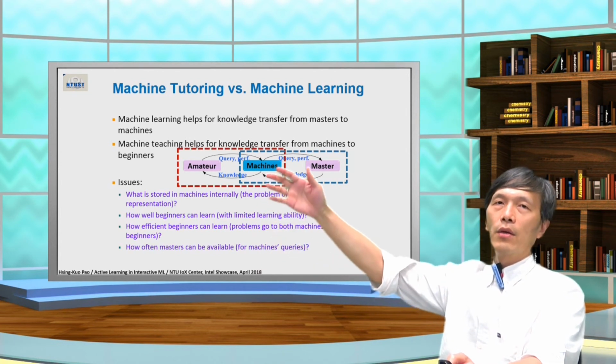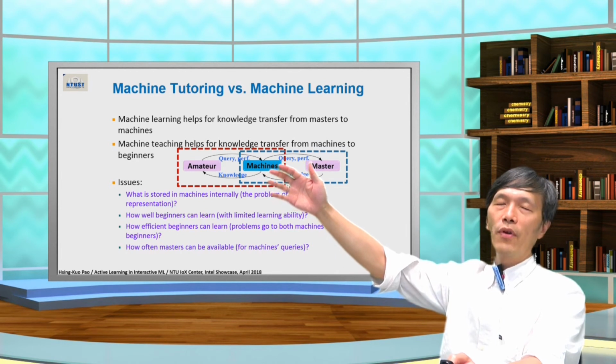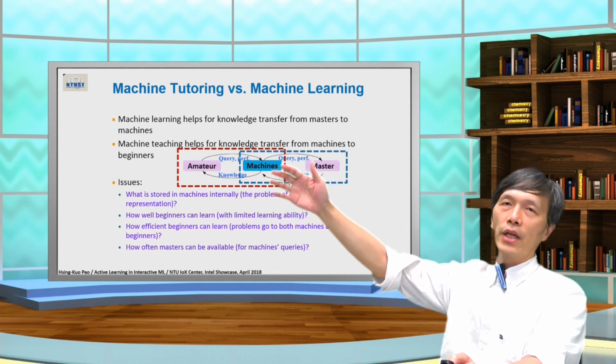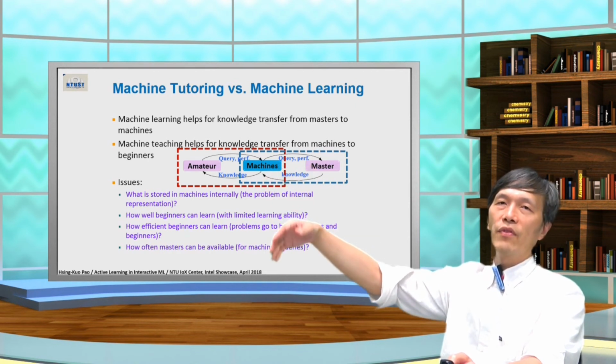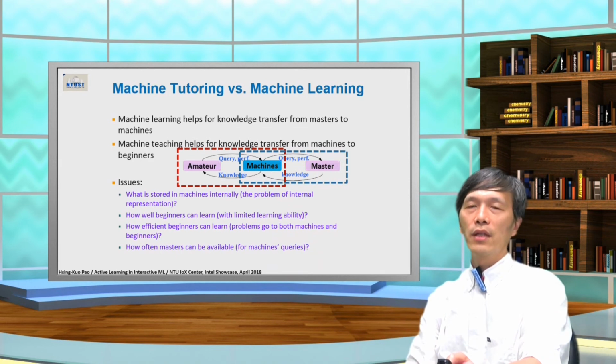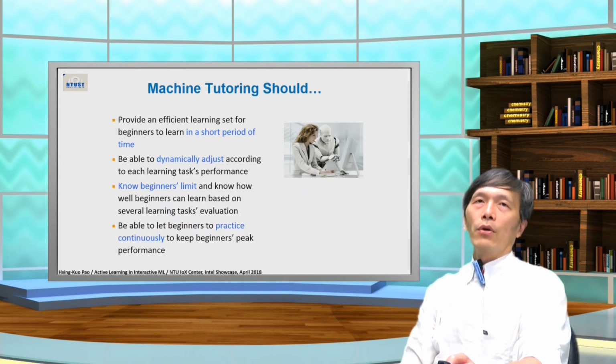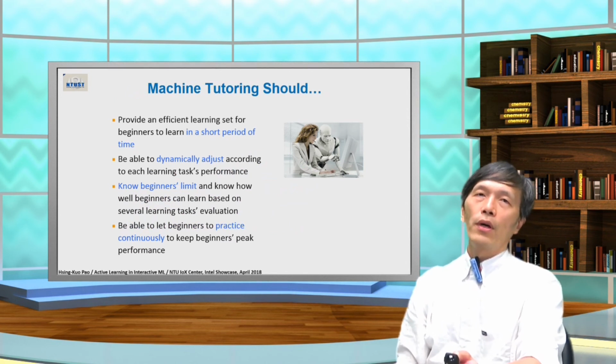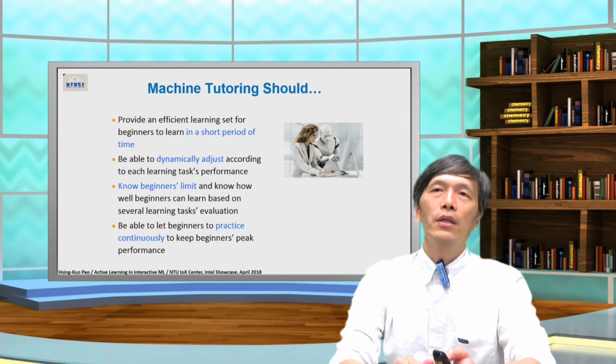In the rest of this project, we want to put more focus on the second part, between machine and novice. The machine will know how to teach the novice in an efficient way, so that the novice will learn well in a short period of time. We call this machine tutoring.